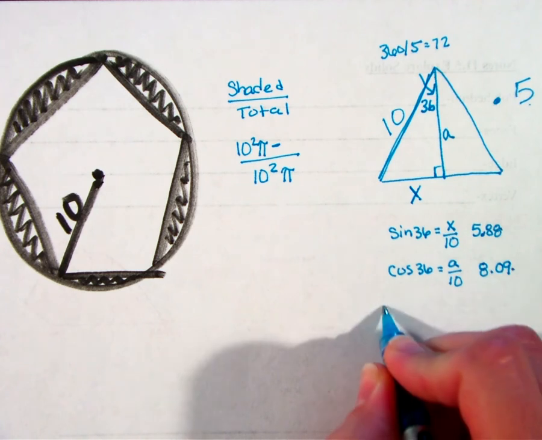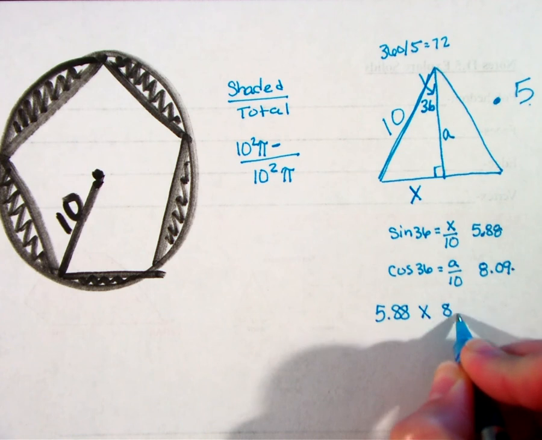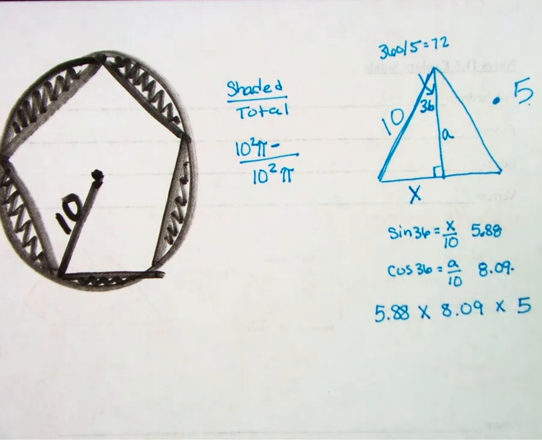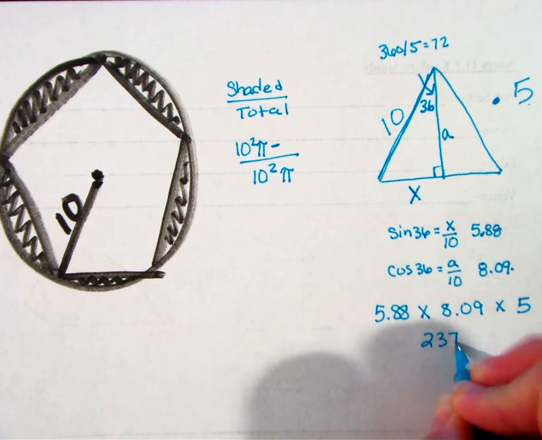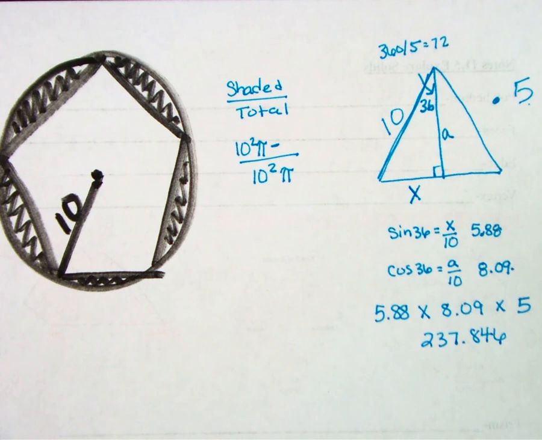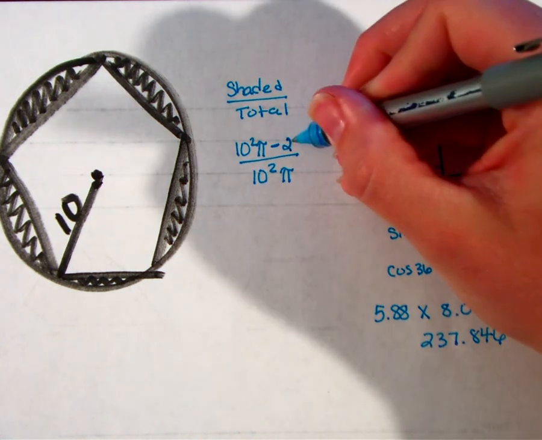You can type it into your calculator if you want, but I'm going to write that down. 5.88 times 8.09 times 5, which is 237.846. That's what my calculator says, so I just wrote down all the numbers. So that's the number that's going to go here.